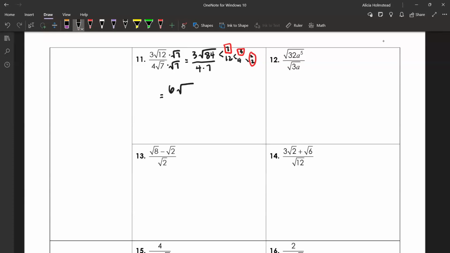So that's going to be square root of 21. And then on the bottom, we have 4 times 7, which is 28. And then here, remember, we can do outsides with outsides. Do 6 and 28 have any common factors? Well, yeah, they do. They're both divisible by 2. So this is going to become 3 square root 21 over 14.